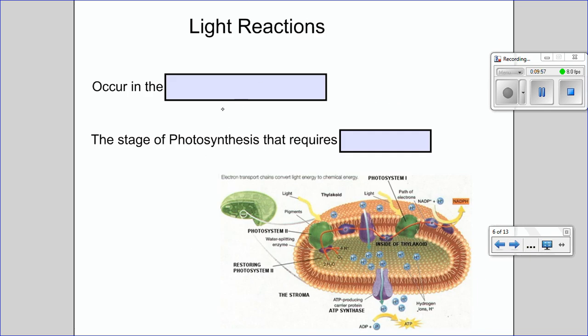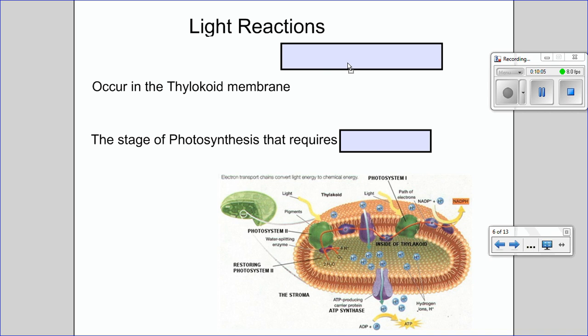Now, the last thing I want to talk about for today is called the light reactions. The light reactions are chemical reactions that occur in the thylakoid membrane, so in those individual pancakes. And if you notice, this is a diagram of a thylakoid membrane, and the green parts in your thylakoid membranes are called photosystems. You have photosystem 2 and photosystem 1.